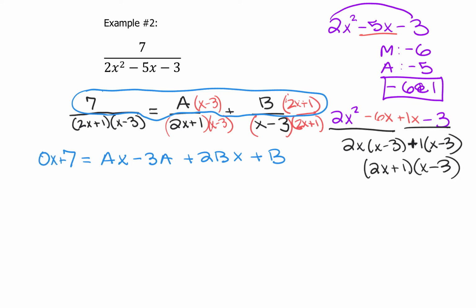I don't actually have any x's on the left side, so that's something to keep in mind. Because when we go to set these up, I've got no x's, but on the right side, I would need to combine ax plus 2bx. So we have 0 equals a plus 2b, and we'll look at our constants. 7 equals -3a plus b.